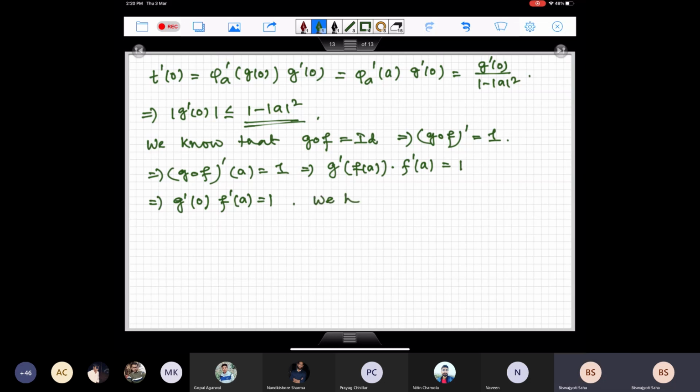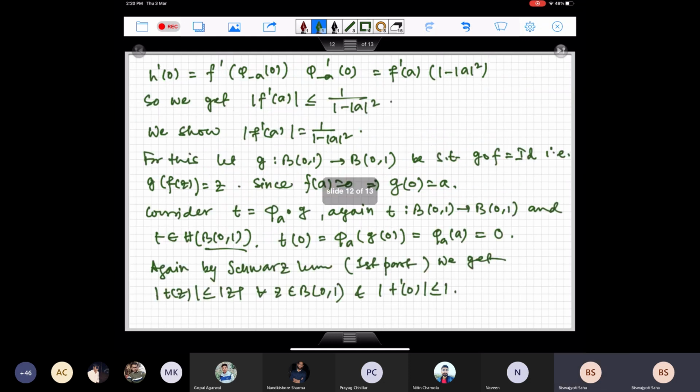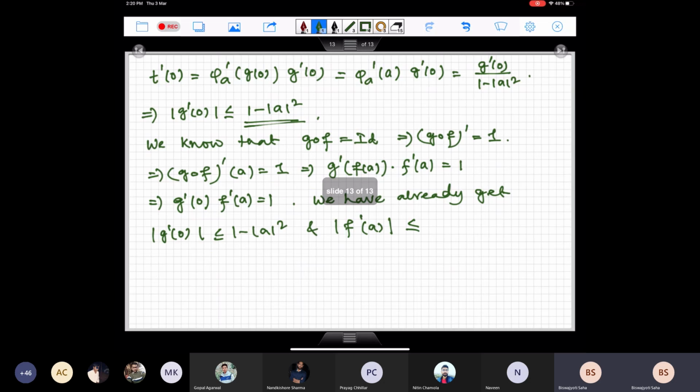So now, what did I prove? We have already got mod of g prime of 0 is less than or equal to 1 minus mod a square, and mod of f prime at a is less than or equal to 1 over 1 minus mod a square. So this is what I got.